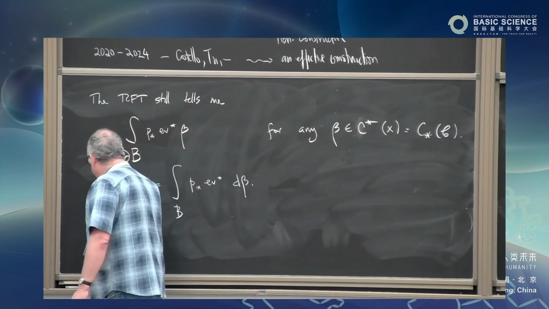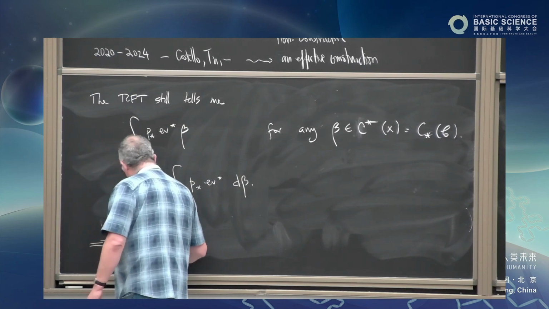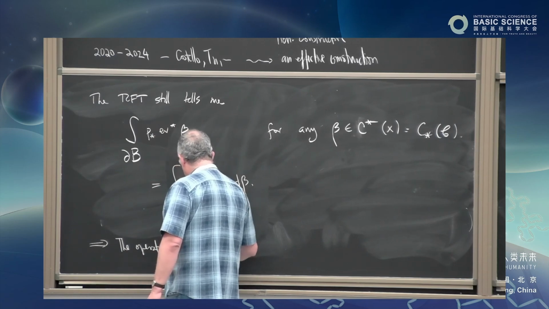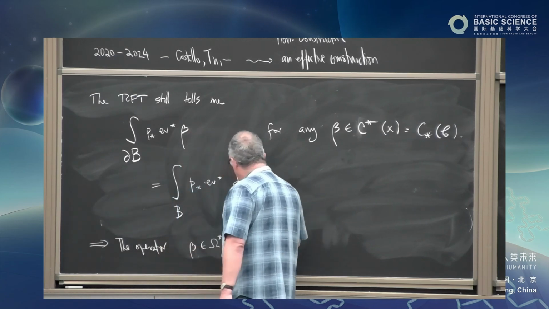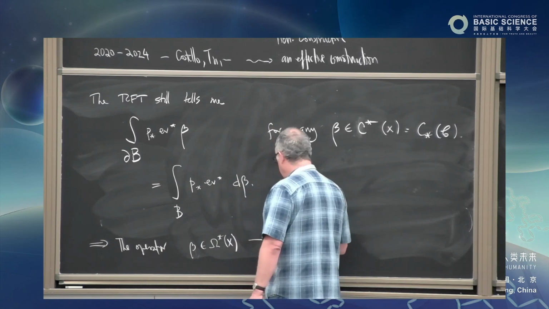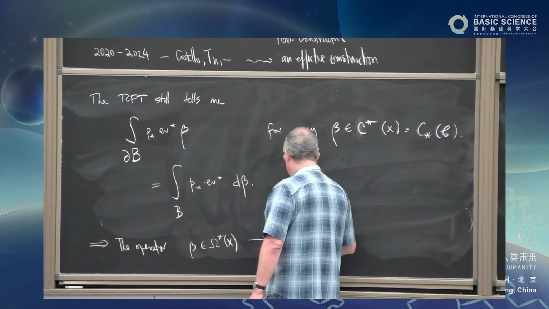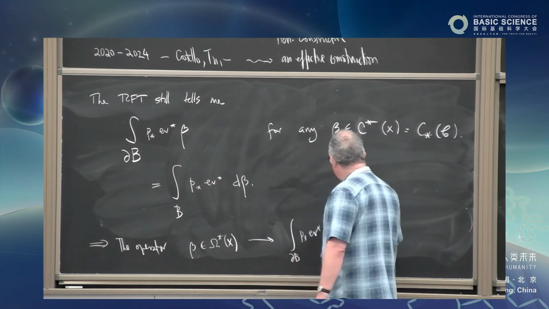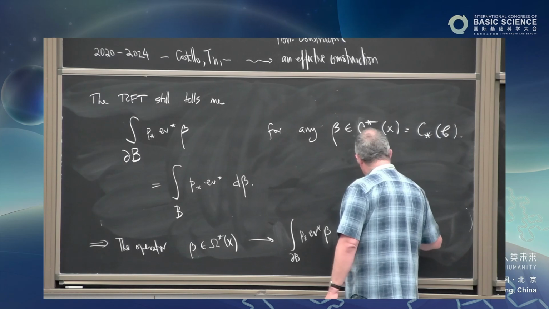So what that implies is that the operator that goes from beta in forms on X to the integral on the boundary of B of P lower star, F upper star, beta is a closed operator.